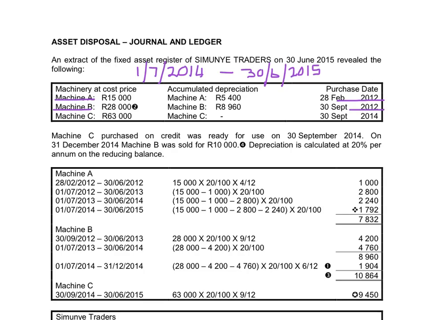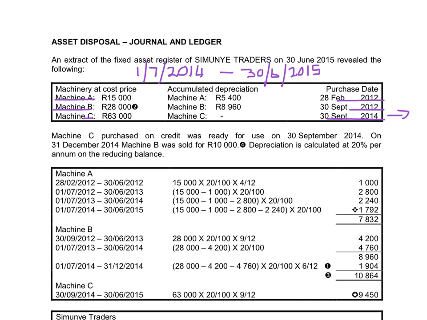And if we look at machine C, we see that the purchase date is the 30th of September 2014, and that is during our current year, because our current year is from the 1st of July 2014 to 30 June 2015. So machine C was purchased in the current year, and there will be no accumulated depreciation for previous years.